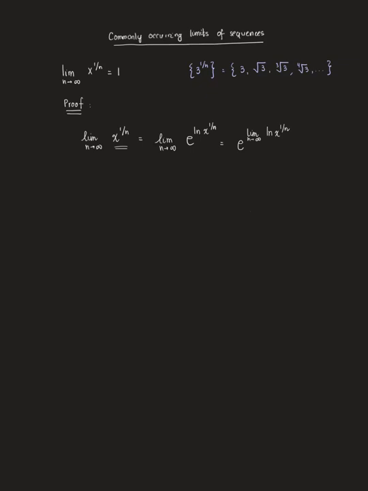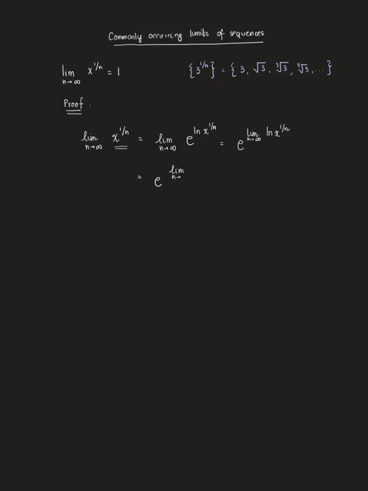You probably used a similar technique when you were working with L'Hopital's rule in Calculus 1. But this is why it works: because e to the x is a continuous function, I can move the limit up to the exponent, since it's just a matter of evaluating the function value for e to a power.